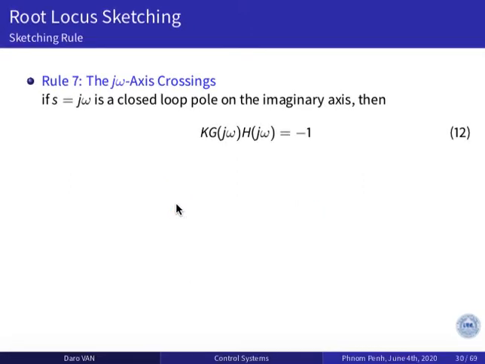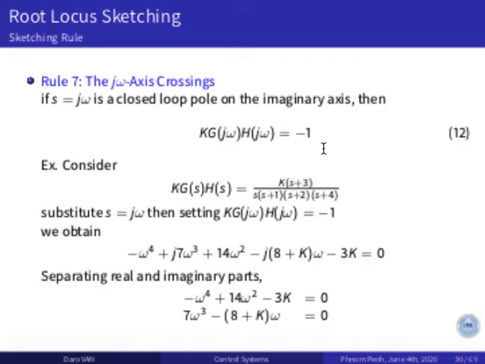And rule number 7 is the j omega axis crossings. It means it crosses the j omega axis, the imaginary axis. If s equals j omega is a closed loop pole on the imaginary axis, then it satisfies this equation.